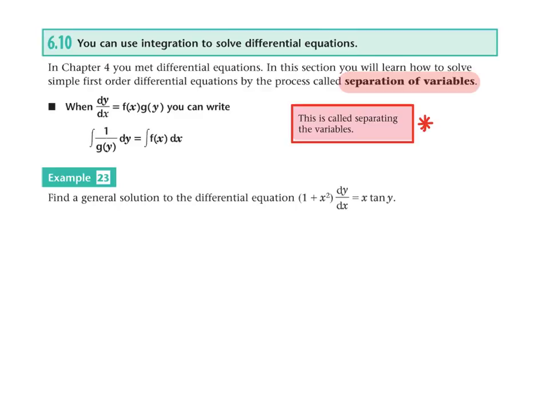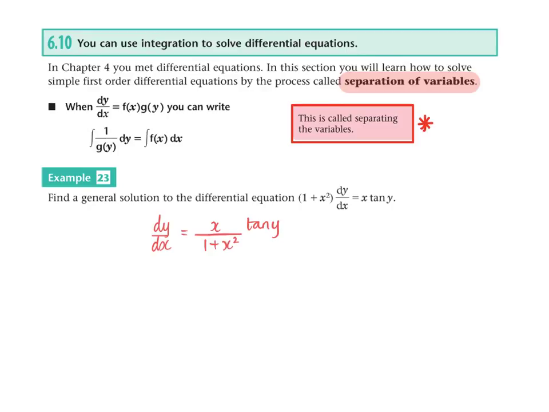Right, so let's try and separate these ones then. So we want to take the y's to one side and the x's to another if we can. So what's it going to look like? If I do dy by dx, it's equal to x tan y rather, all over 1 plus x squared.